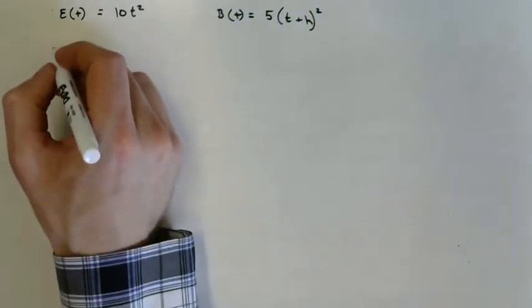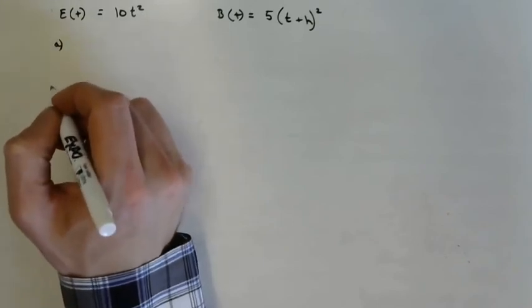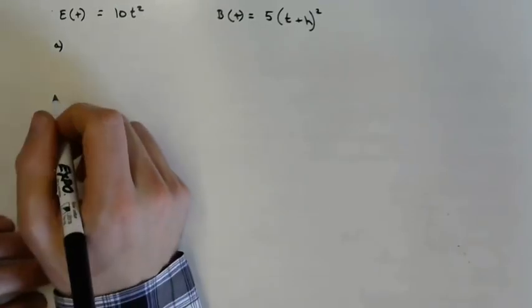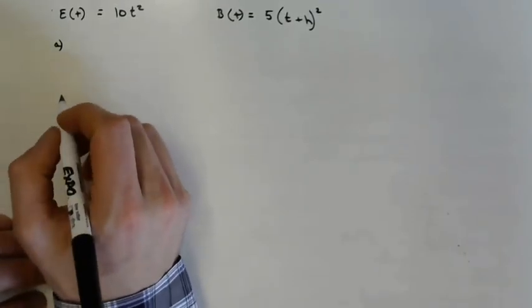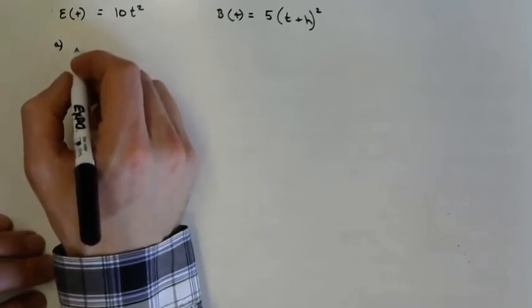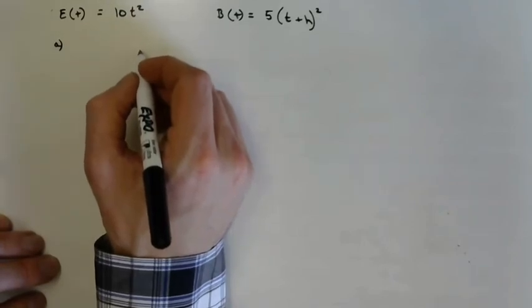All right, on the same set of axes, graph the distance versus time for both drivers with h values of 1 second, 2 seconds, 3 seconds, and 4 seconds. Okay, so we have Eve, and she is always E equals 10t squared.